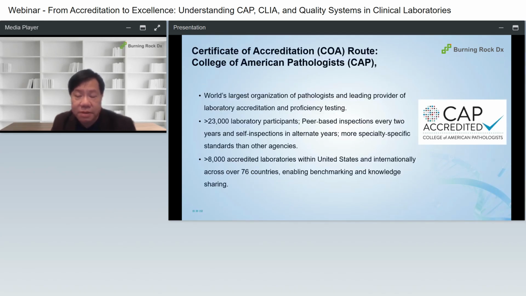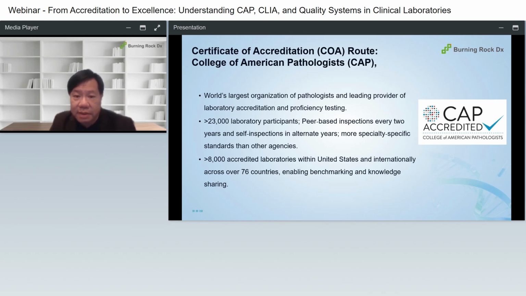I'm going to dive into a little more detail about the College of American Pathologists for the Certificate of Accreditation route. As basic background, the CAP is the world's largest organization of pathologists and provider of laboratory accreditation.